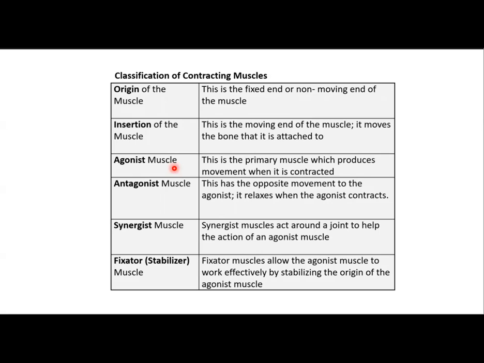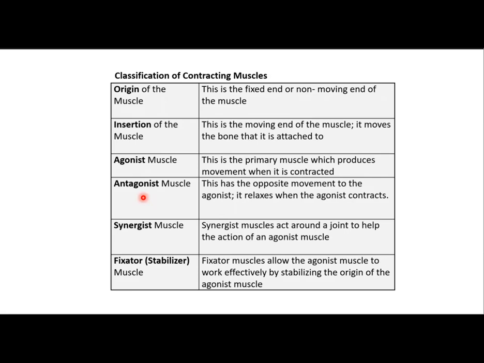So the agonist muscle is the main muscle in charge of a certain movement, okay? The antagonist is the opponent, anti, opposite, okay? So this is the big boss. That is the big boss from the other side. For example, when you do a bicep curl, your bicep is the agonist and the opponent would be your tricep, okay?